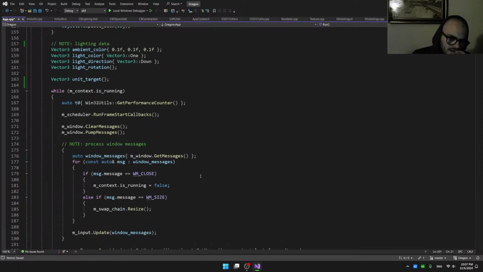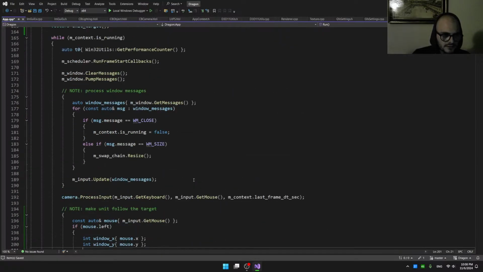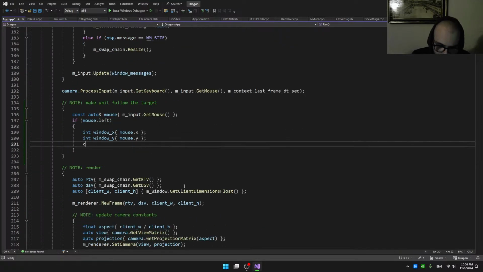The idea is that I think if I take the camera dot get view matrix, auto view.